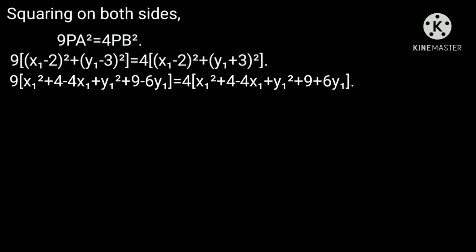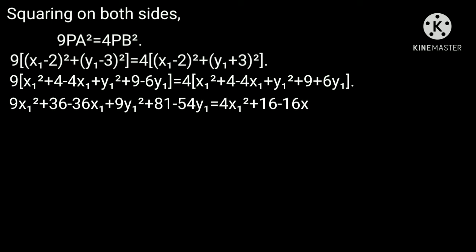After simplification, the above equation becomes 9x1² + 36 - 36x1 + 9y1² + 81 - 54y1 = 4x1² + 16 - 16x1 + 4y1² + 36 + 24y1.